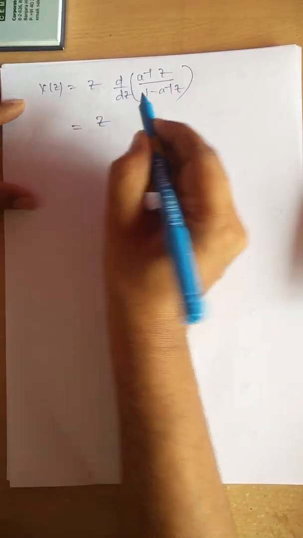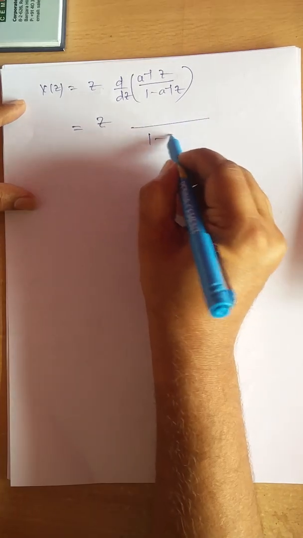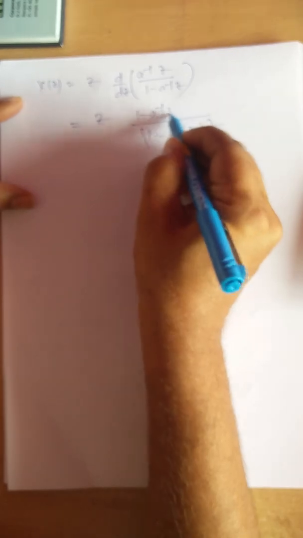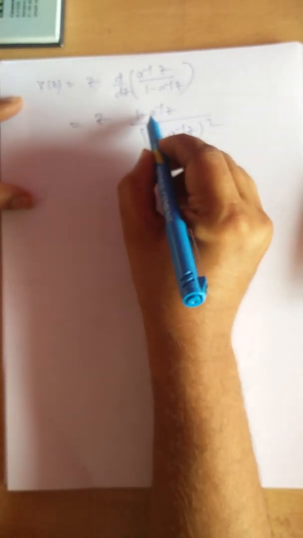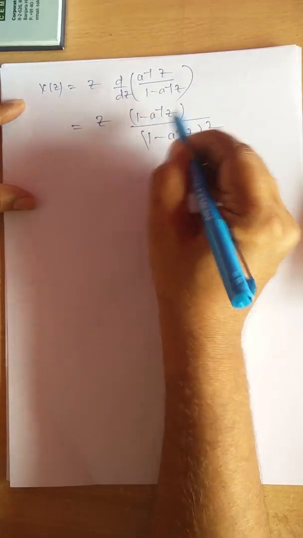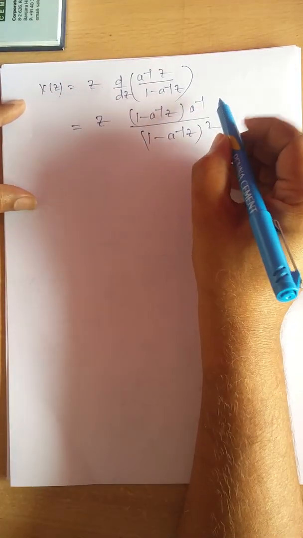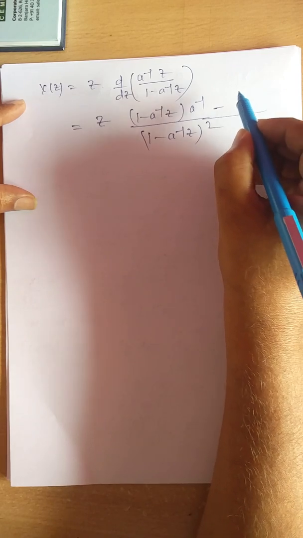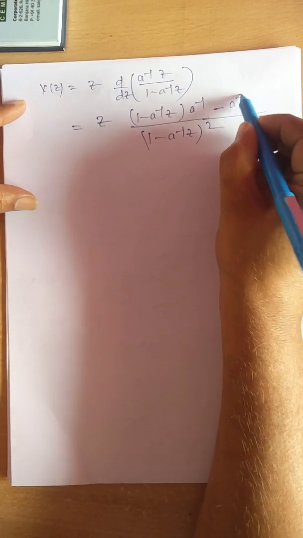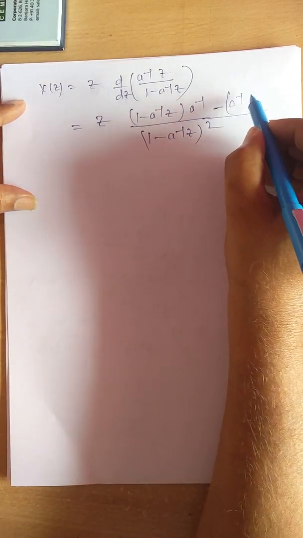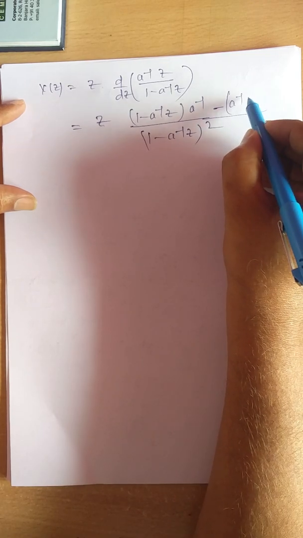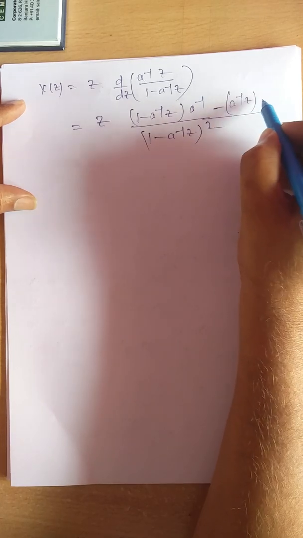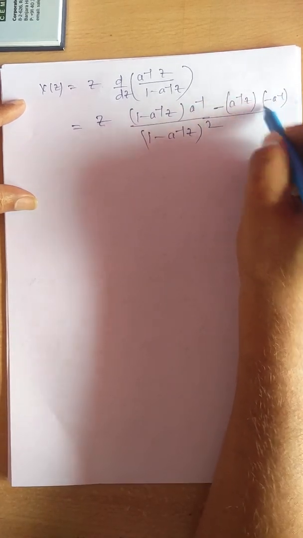That is z into, 1 minus a inverse z whole square in the denominator, with the denominator times the differentiation of the numerator, which is a inverse, minus the numerator a inverse z times the differentiation of the denominator, which is minus a inverse.